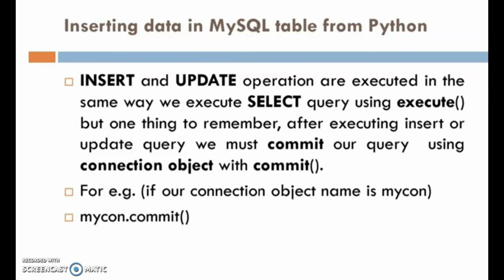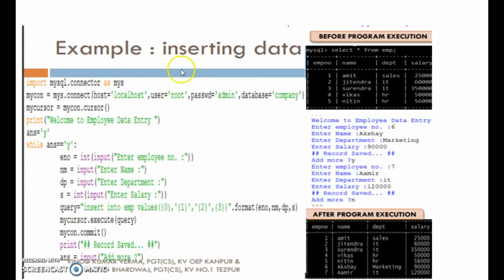Let's check one example. To insert data, first we import mysql.connector as mys. Then mycon is equal to mys.connect object. Then mycursor is a cursor object. Then print welcome to employee data entry. Then ans is equal to y.